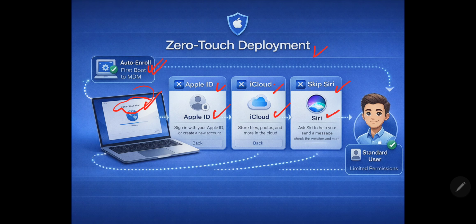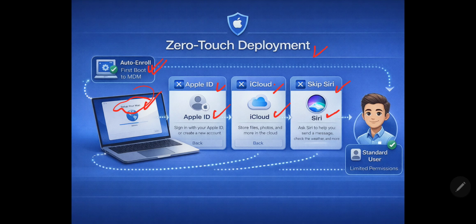Zero touch deployment allows organizations to deliver secure, compliant, and ready-to-use Apple devices automatically. Users simply turn on the device and everything is configured in the background via MDM, with no manual IT setup required.